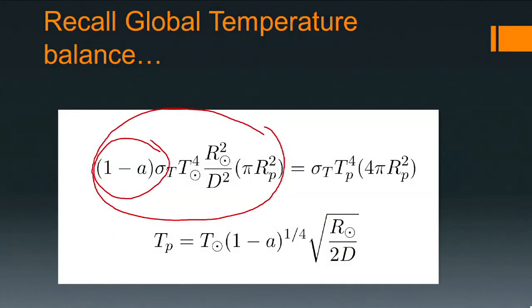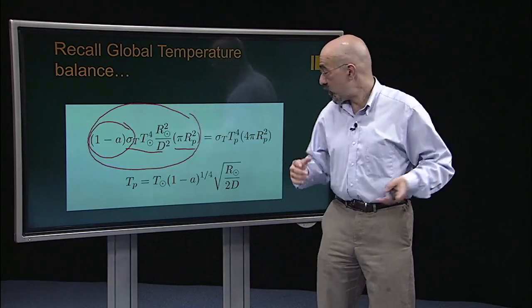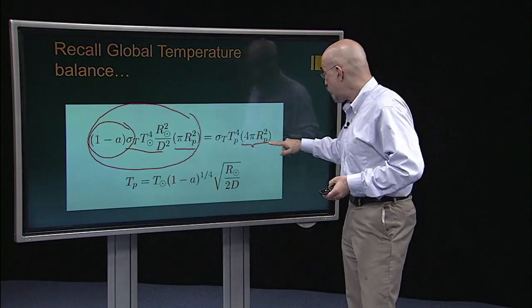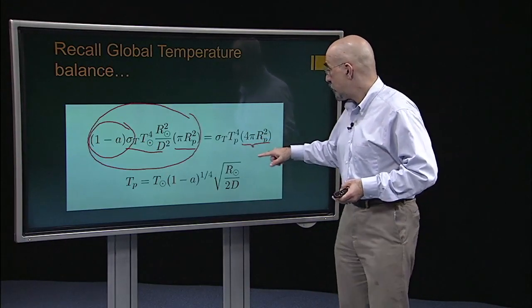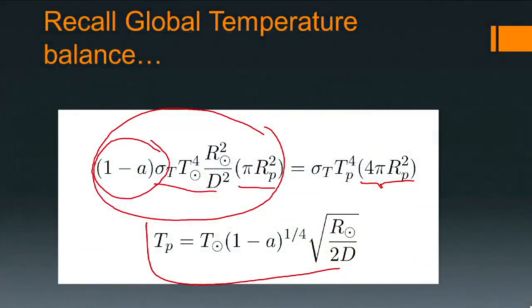You'll notice that the flux that hits the surface depends on the flux coming in from the sun times the area of the planet, because what we're assuming here is all the energy that hits the planet is distributed around the planet and then radiated in all directions. And we balanced these two and got this equation that describes the temperature of a planet without an atmosphere.